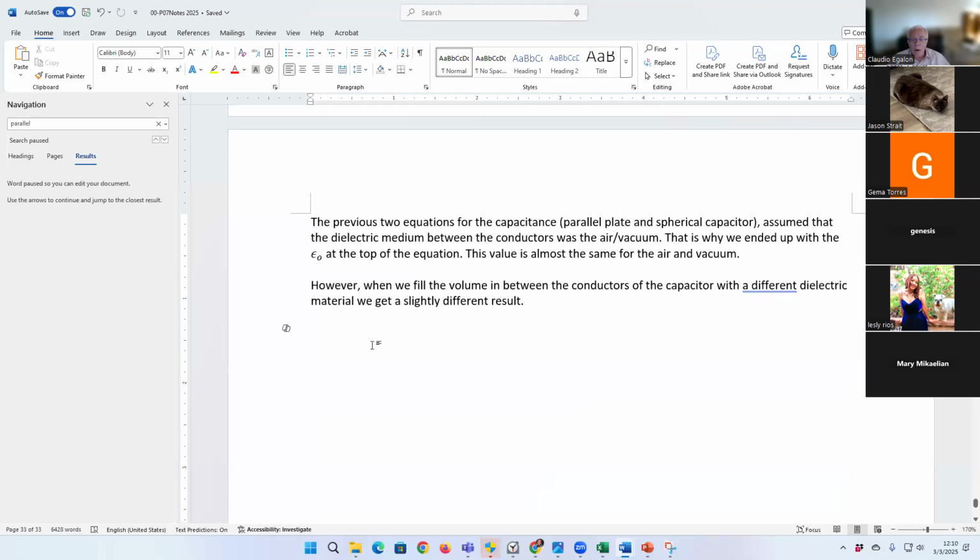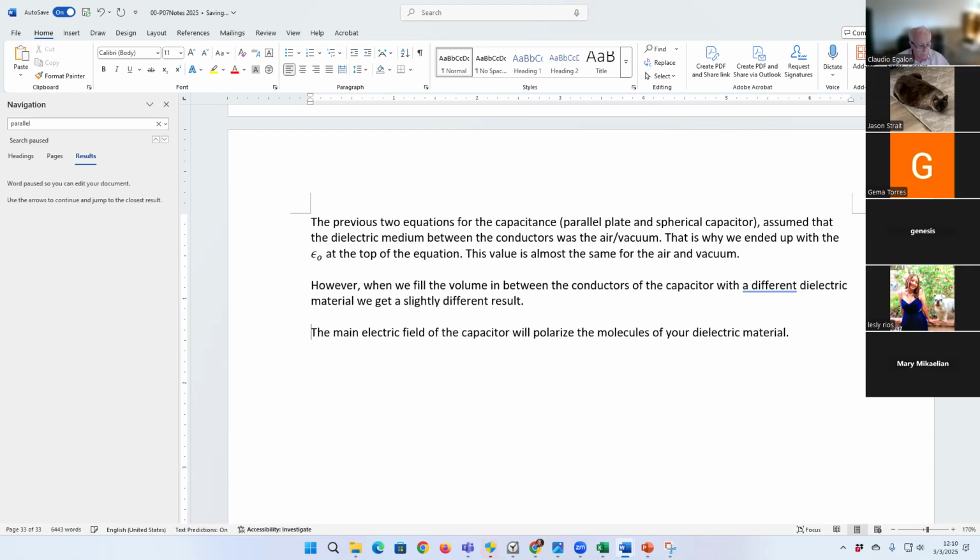So now, something else happens, okay? However, when we fill the volume in between the conductors of the capacitor with a different dielectric material, we get a slightly different result. The step-by-step is the following. One, the main electric field of the capacitor will polarize the molecules of your dielectric material.